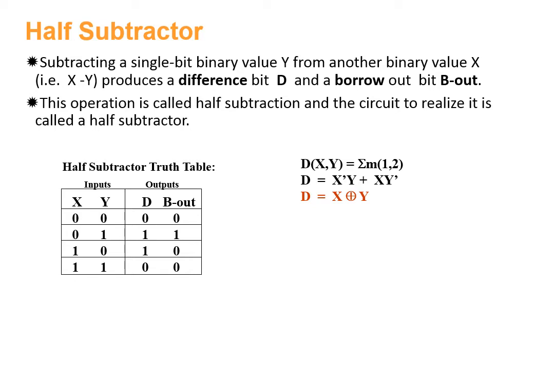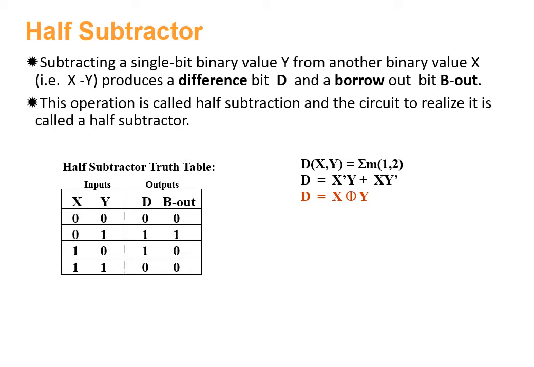We construct the truth table of a half subtractor. We see that we have two inputs x and y, which are 00, 01, 10, 11. When we subtract the first two bits 0 and 0, it produces a difference 0 and a 0 borrow.